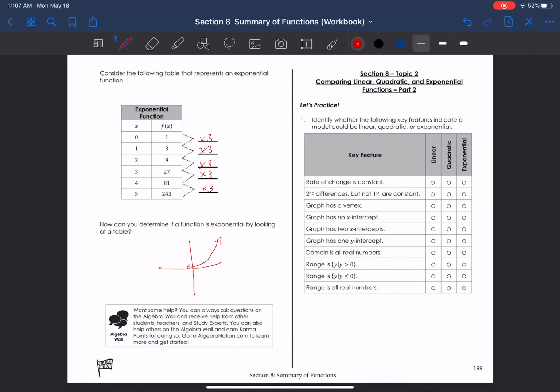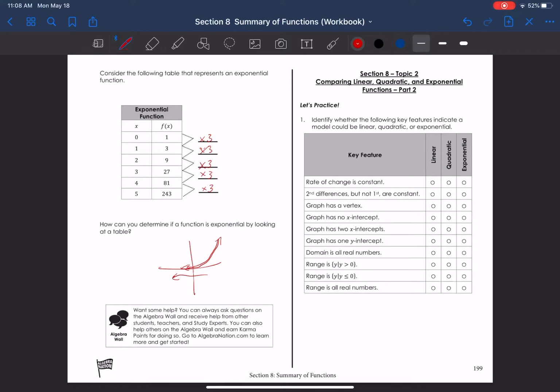Then we look at exponential functions. If you notice here, you multiplied by 3 each time. 1 times 3 is 3, 3 times 3 is 9, and so forth. An exponential function is going to approach 0, as you see down here. So as x is decreasing, y is approaching 0. It's not going to touch 0, but it will approach 0.